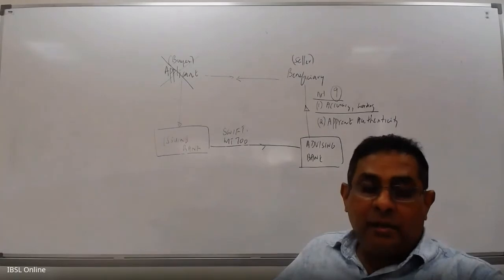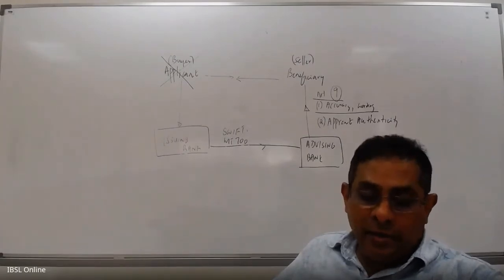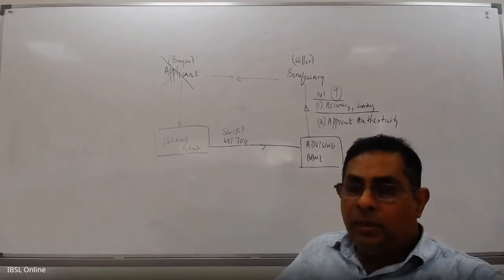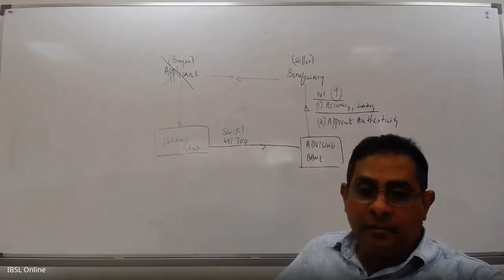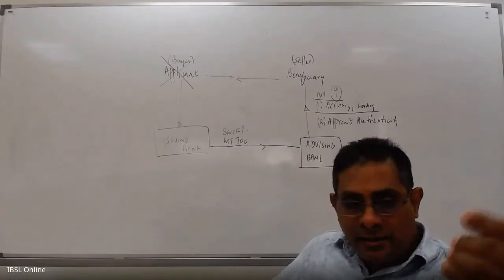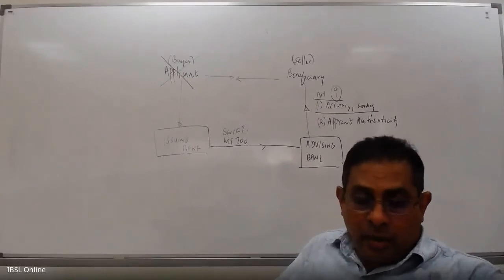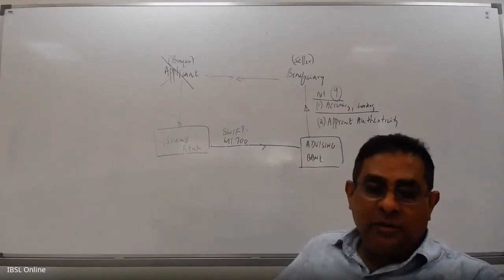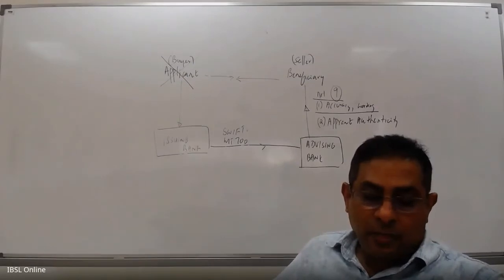Apparent, A-P-P-A-R-E-N-T. Apparent means at a glance. The apparent authenticity of the credit or amendment.